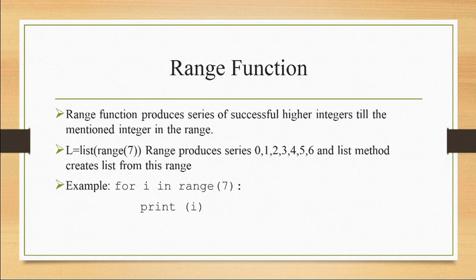In a for loop, if a for loop is used along with range, it will move through 0 to 6. See here, range 7 is mentioned, so this for loop target i will contain items from 0 to 6 and it will print them.